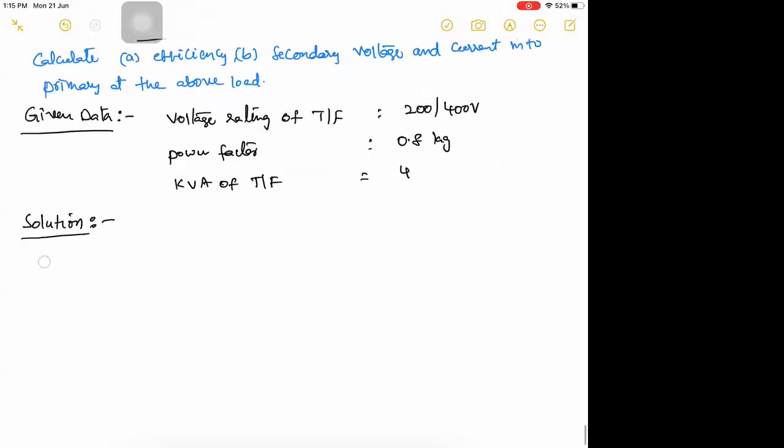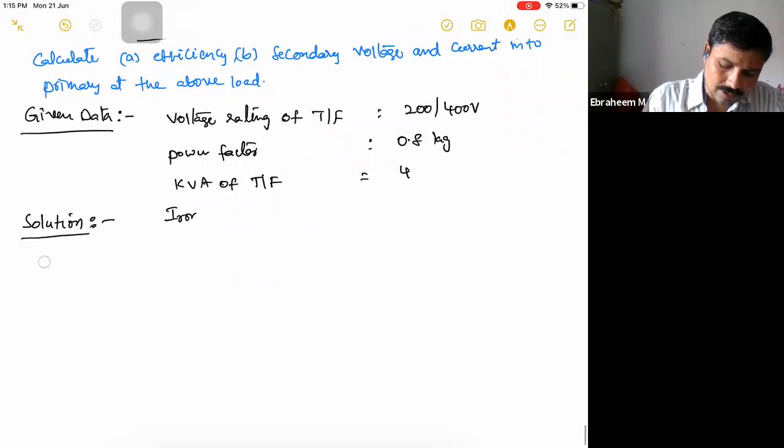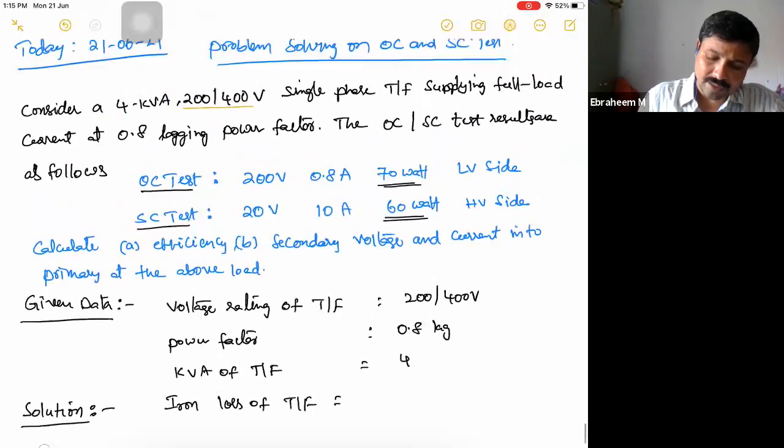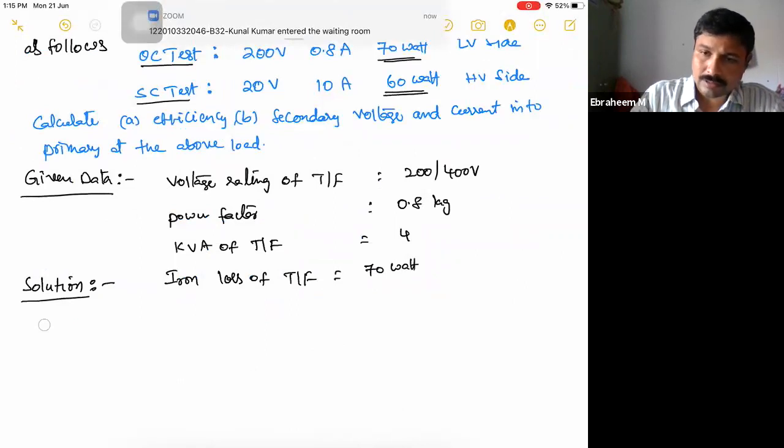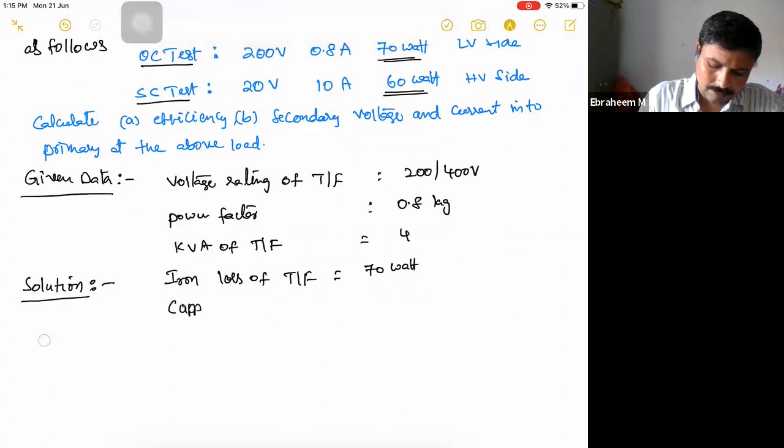Okay, so iron loss of the transformer is equal to how much? 70 watt. Next, copper loss of the transformer is equal to 60 watt.